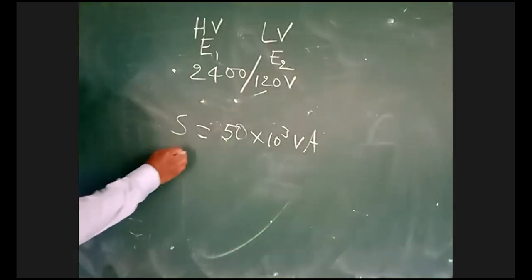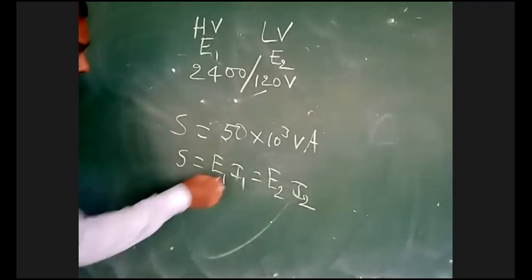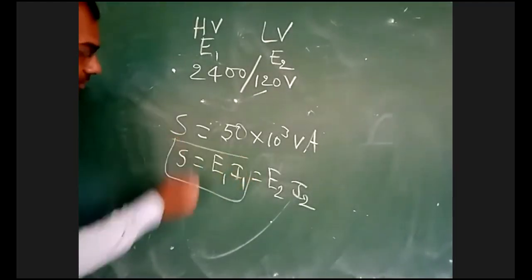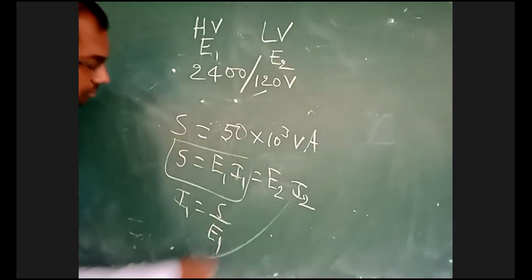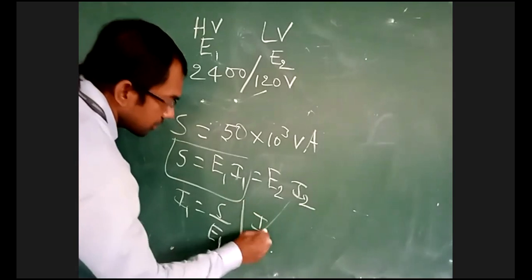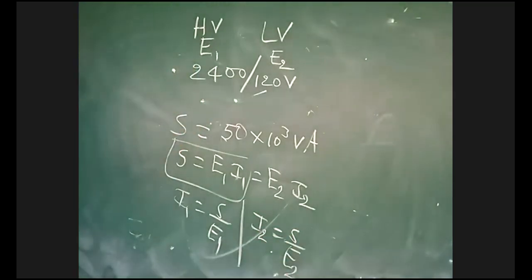Now S is equal to E1 into I1, or E2 into I2. Taking the first one, I1 is equal to S by E1. Similarly, I2 is equal to S by E2. We know E1 and E2, so from this we will get I1 and I2. Write this down.